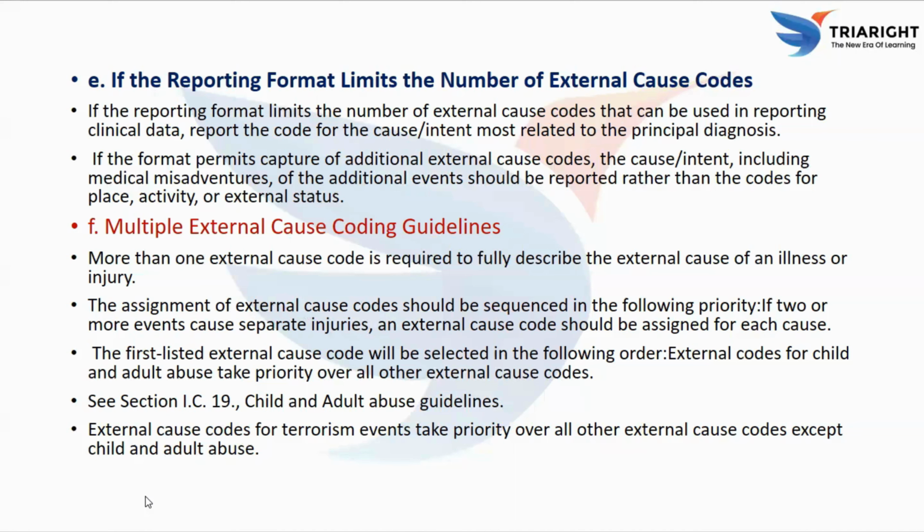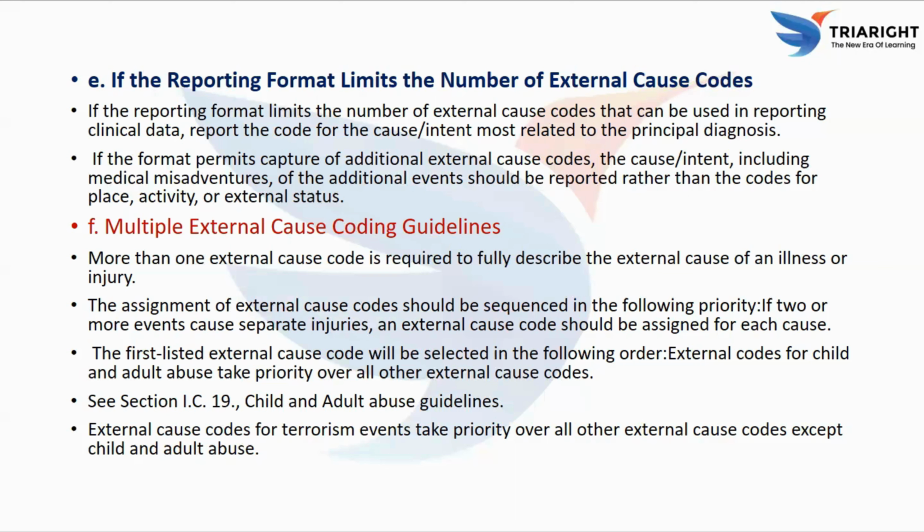There is a sequence priority for multiple external cause codes. When assigning multiple external cause codes, you have to sequence them carefully. There is a priority order. First is child and adult abuse. External cause codes for child or adult abuse take the highest priority, so these are always the first listed. You have to refer to section I.C.19 for detailed abuse guidelines.